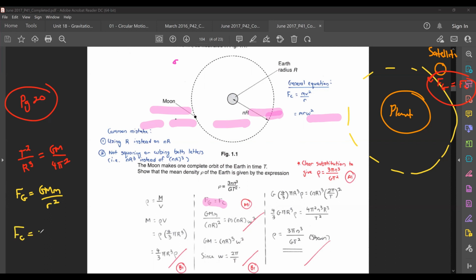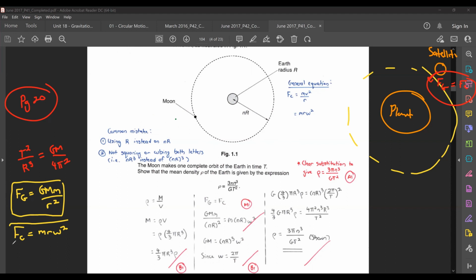Fc is mr omega squared. All right. Now, if you try to relate to your question here, the variables that are defined, you need to adapt it to the general equation.